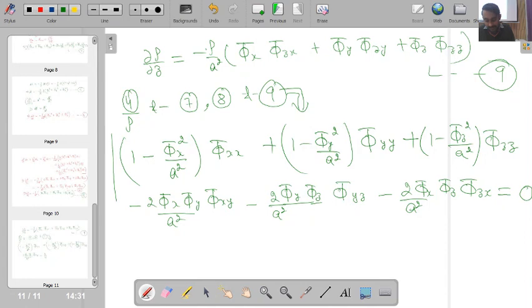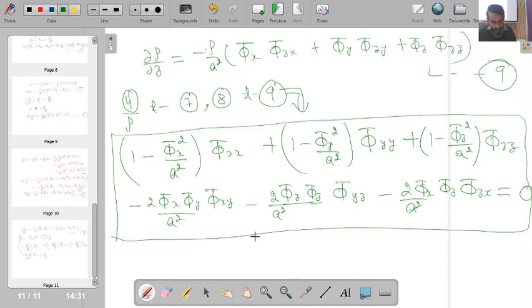So this important equation is called the velocity potential equation.